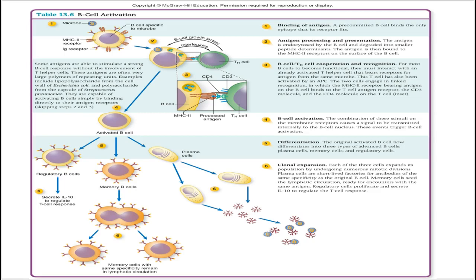So in order for the B cell to be activated, we first need to have a reaction with an antigen. So the B cell is going to recognize that specific epitope of its single specific antigen that it recognizes.